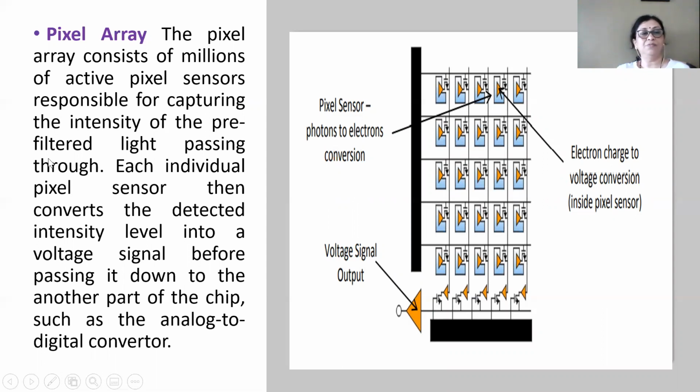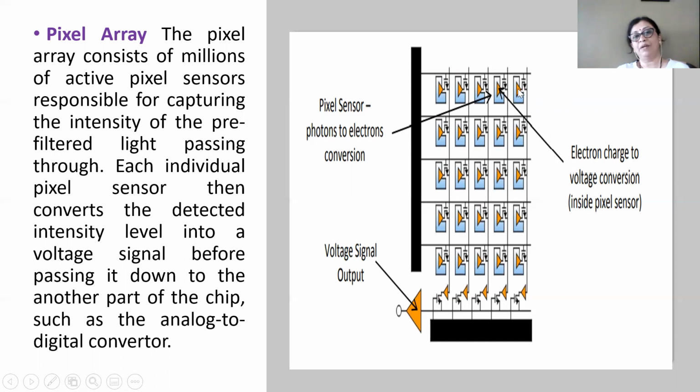Light is filtered and given to the pixel sensor, and the pixel sensor will convert it into an electrical signal, or into charge. Now this charge will be converted into a voltage signal and amplified. With the help of this amplifier, shown as a triangular shape, which is the symbol of an amplifier, you have studied the operational amplifier and its symbol is triangular.